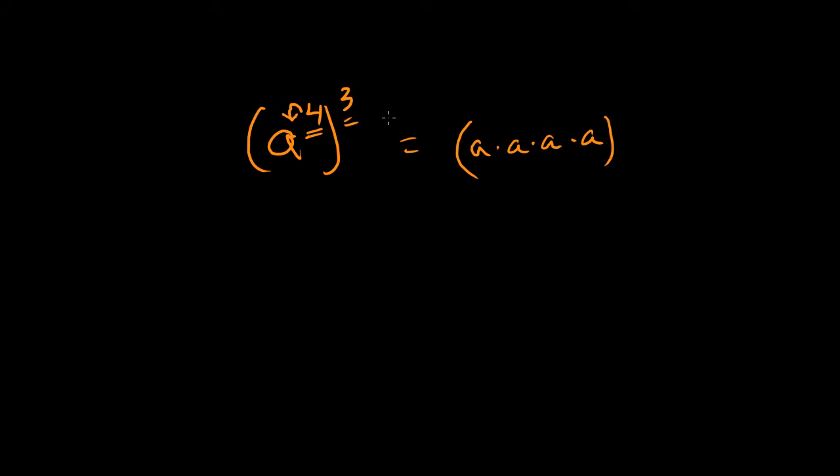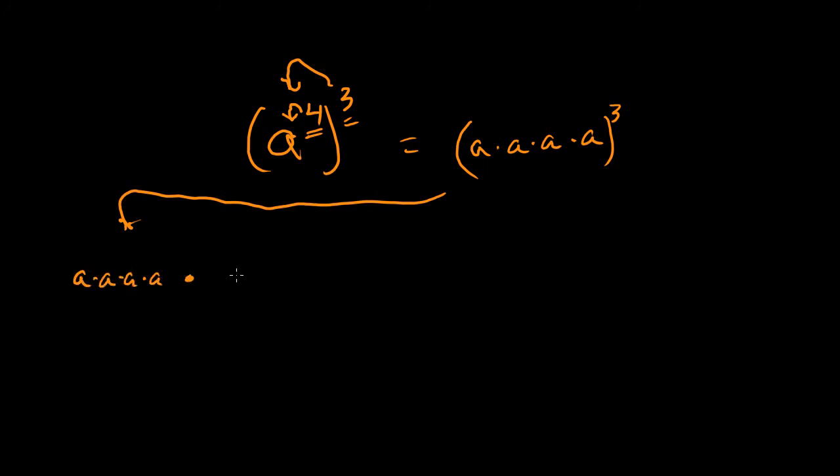The exponent outside the parentheses applies to everything inside the parentheses. So this exponent tells us to take what's inside the parentheses, a times a times a times a, and multiply it by itself 3 times.